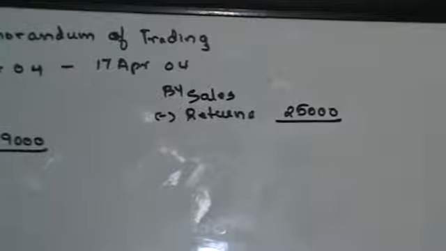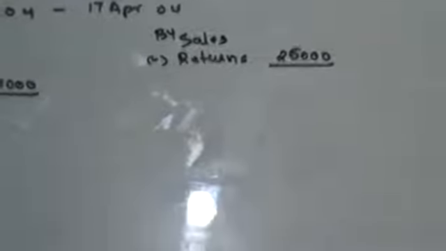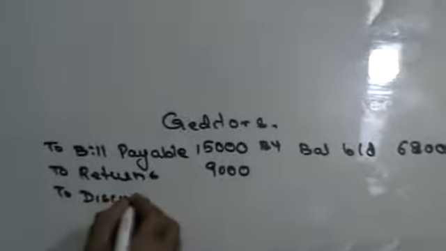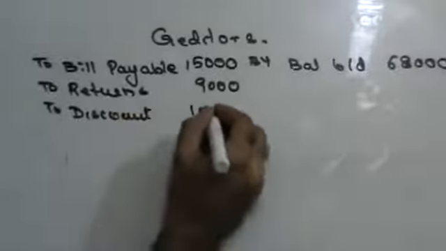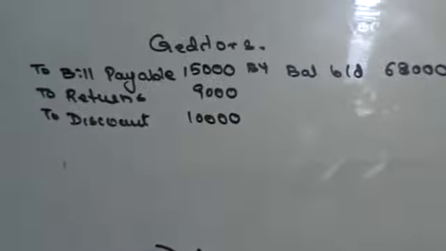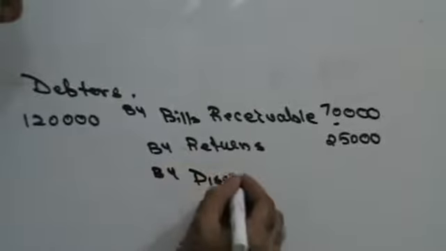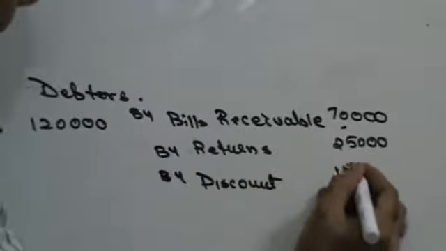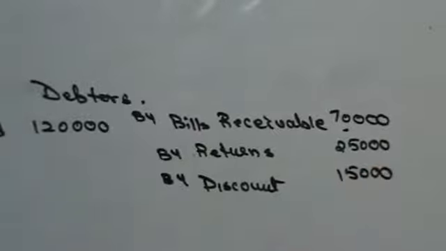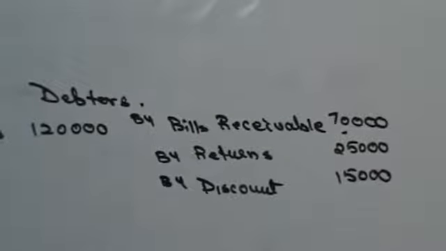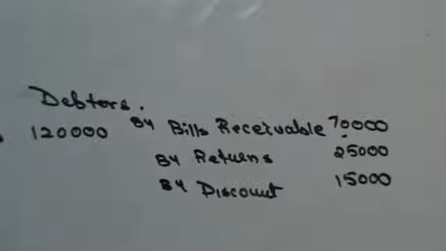Next, let's move on ahead. Discount. Discount allowed by suppliers, to discount, is 10,000. And discount allowed to debtors is 15,000, by discount 15,000. Next, remittance. Remittance means cash paid or cash received.